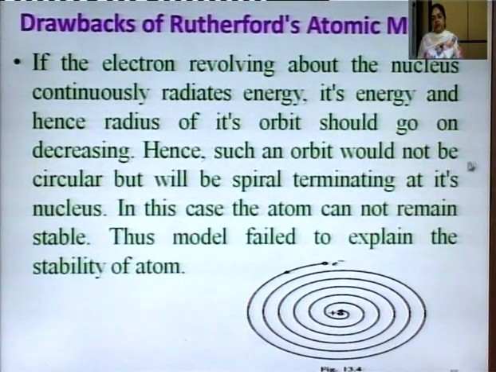Such an orbit would not be circular but spiral, terminating at the nucleus. In this case, the atom can't remain stable. But this model failed to explain the stability of the atom.